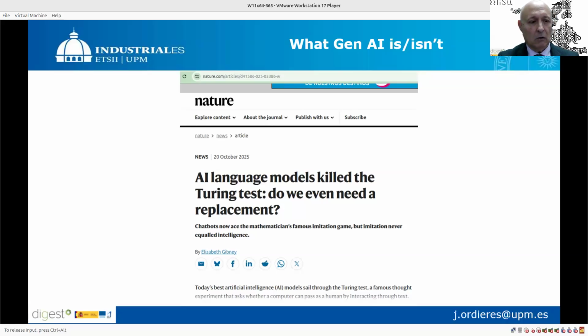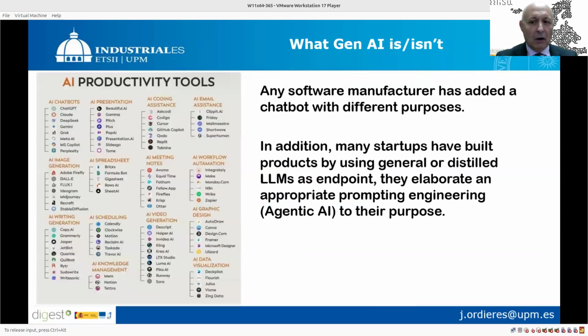Actually, those kinds of systems were banned at that time because of the confusion for customers, who were not able to distinguish whom they were talking with. So now probably we need to re-elaborate the meaning of the Turing test to identify when something is intelligent. Okay, the evolution of these things is very much connected to the software industry.